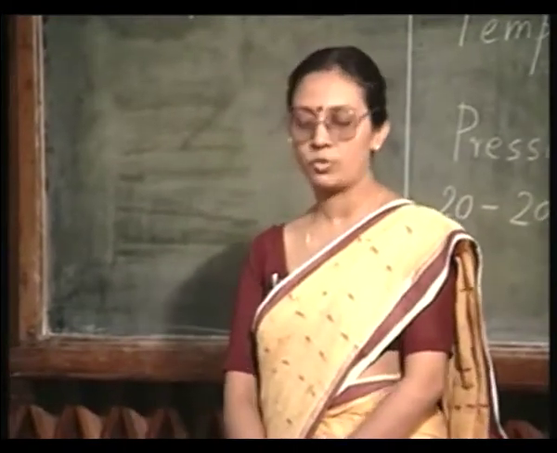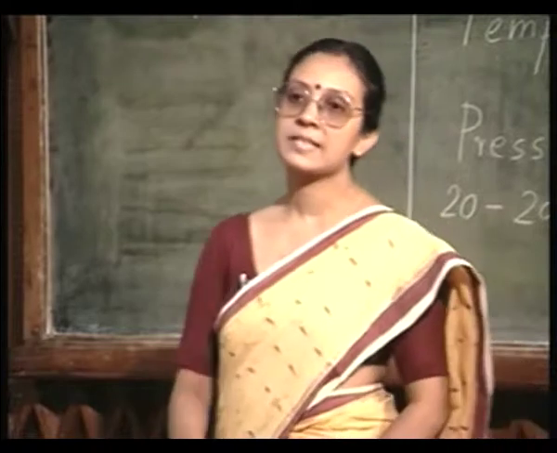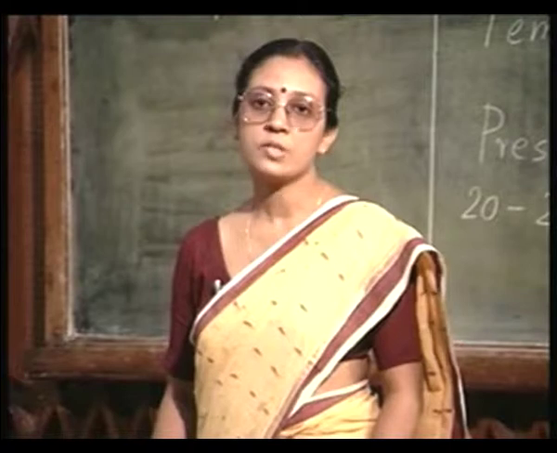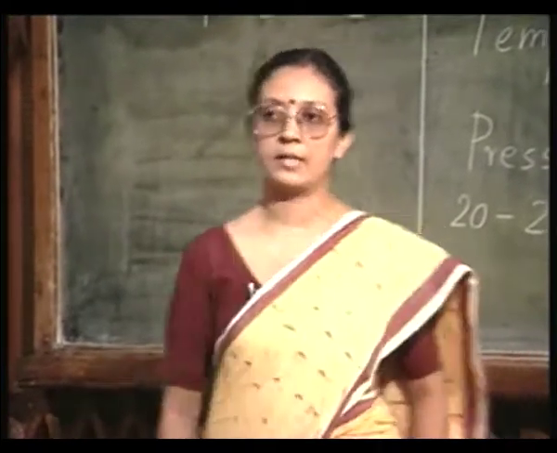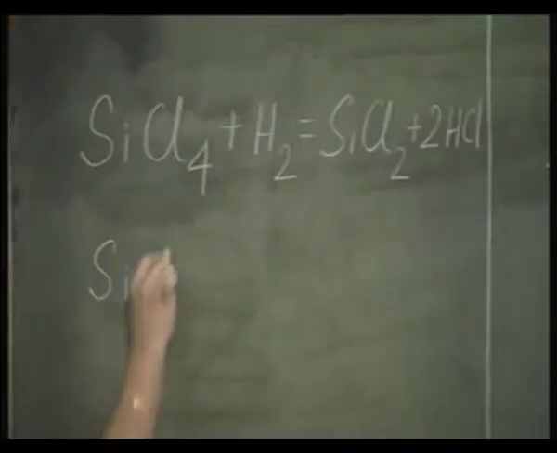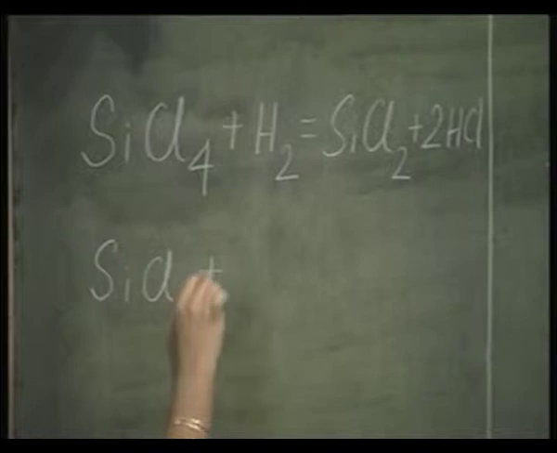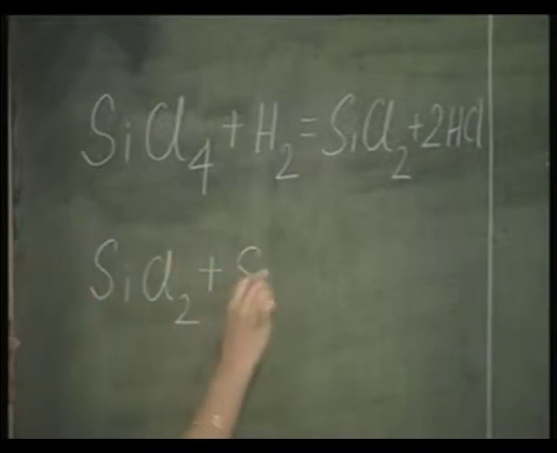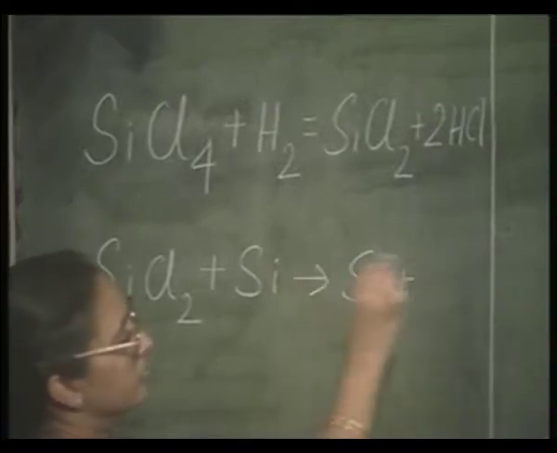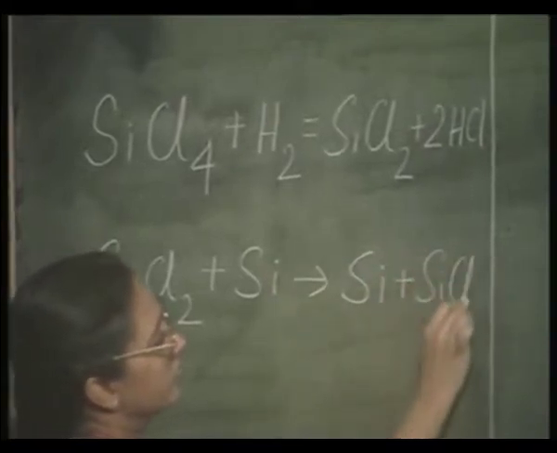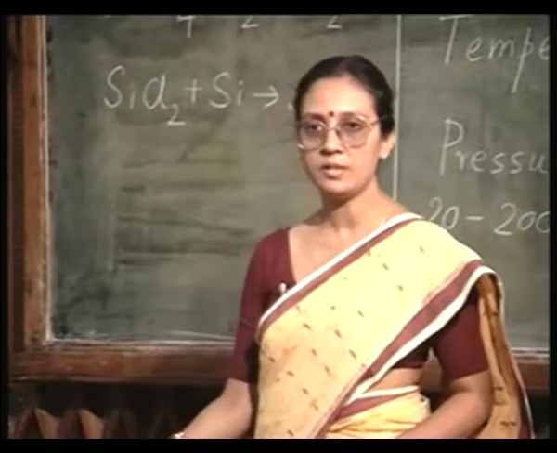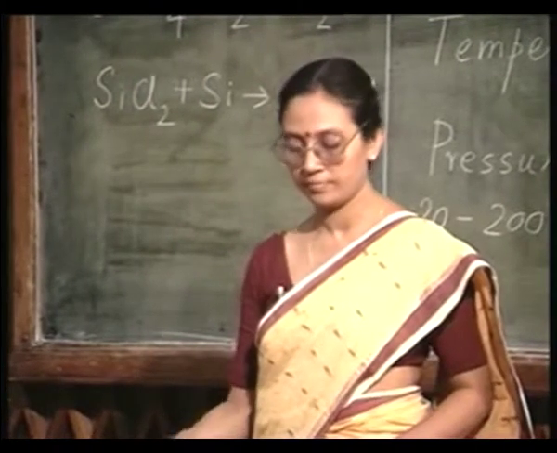This SiCl2 then gets adsorbed on the sample surface and it forms silicon and SiCl4, that is, in presence of the sample surface, it forms silicon and silicon tetrachloride.